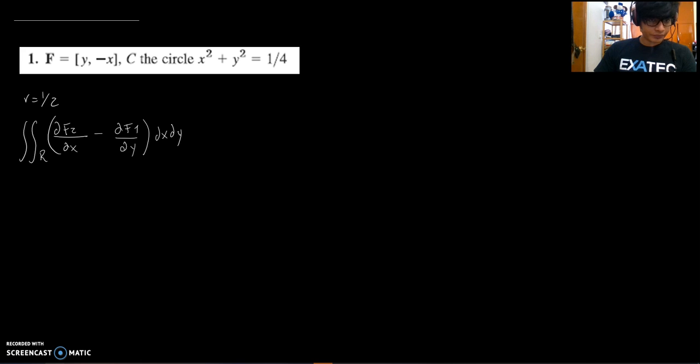So we can get the partial derivative of f2 with respect to x, and we know that f2 is equal to minus x, hence the derivative will be minus 1, and the derivative of f1 with respect to y will be equal to 1.